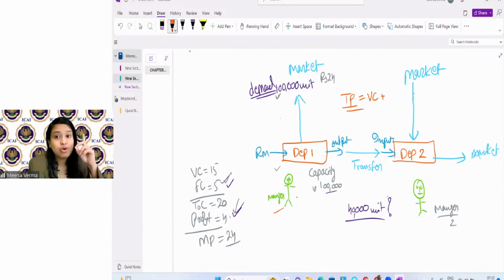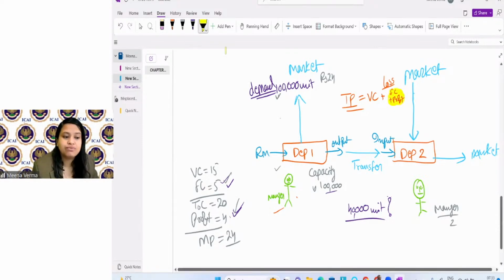Because of that, I am already recovering the fixed cost and profitability. If I transfer the goods to your department, I will lose all the fixed costs and the profit which I'm recovering from these goods. So I will lose what? This will be my loss. I'm already recovering the fixed cost and the profit. So if I transfer the goods to your units, I will lose these two things, profit and fixed cost, which I'm recovering.